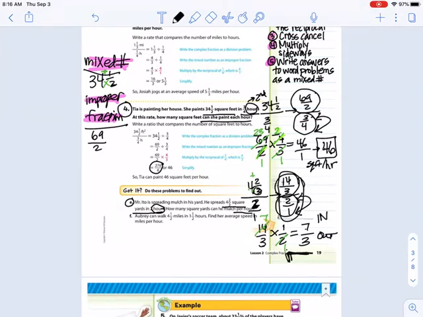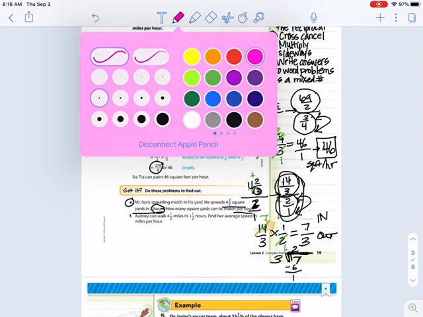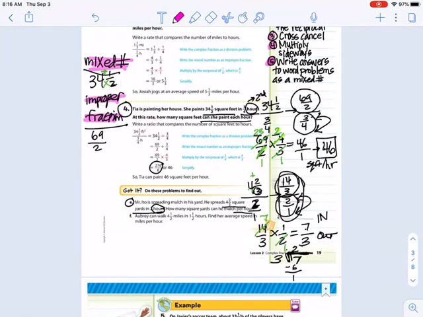So the top number is going to go inside and the bottom number is going to go outside. So 3 goes into 7 2 times. 2 times 3 is 6. I'm going to subtract, and then I have a remainder of 1. And you're going to stop here. Okay, it's okay to stop with remainders. This is what we want.